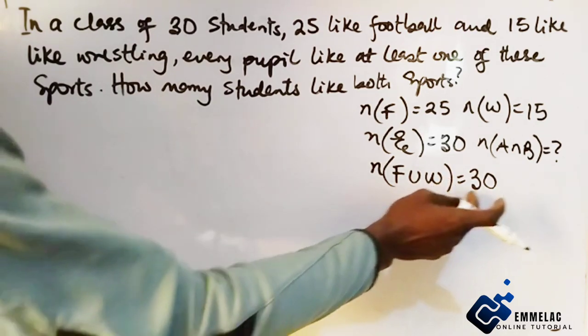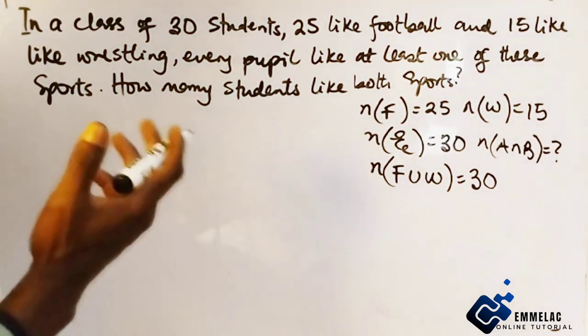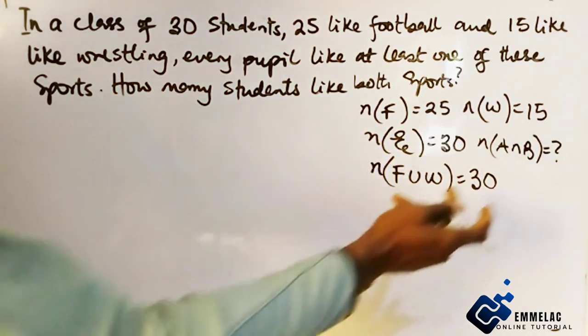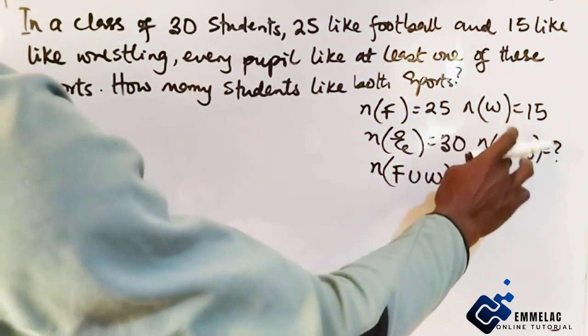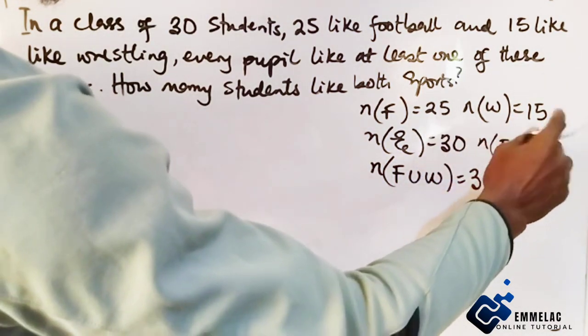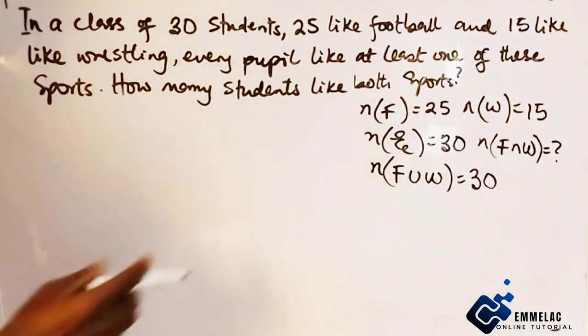So the union is 30. Now let us recall the equation that connects these. Sorry, this is F intersection W.